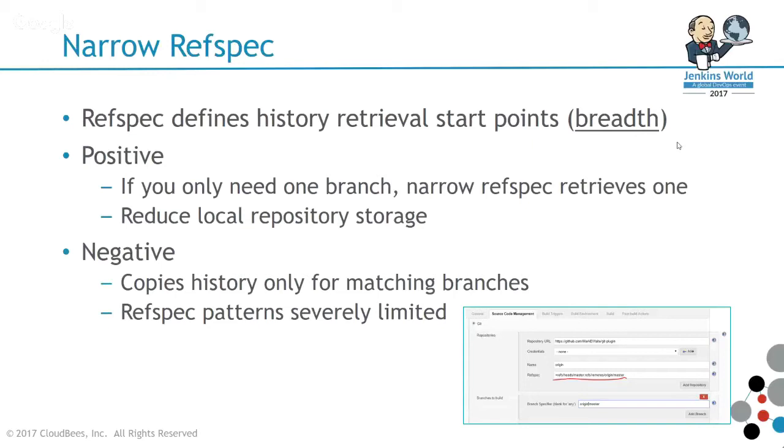However, there's a negative: because you asked for exactly that branch, if you are doing comparisons inside your job between one branch and another, and you didn't ask for the Refspec for that other branch, it won't be there. The other challenge is that Refspec patterns are limited. You can't use general purpose wildcards.